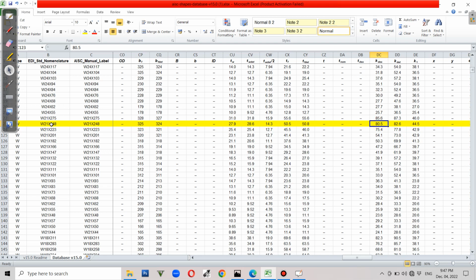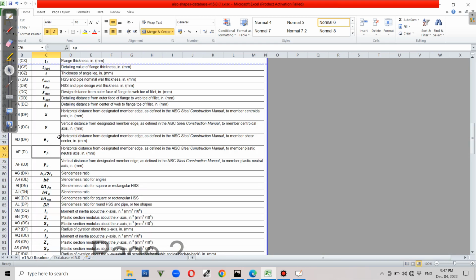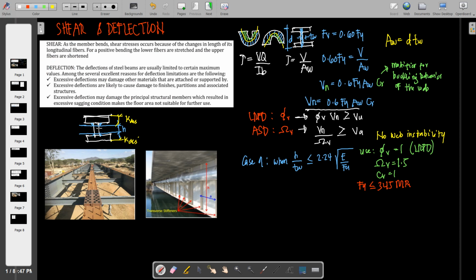So when we have here a section W21 by 248, its corresponding KDES is 80.5. If we look at the notation, we can see that KDES is the design distance from the outer face of flange to web toe of fillet. So as I've been mentioning, this is the fillet.